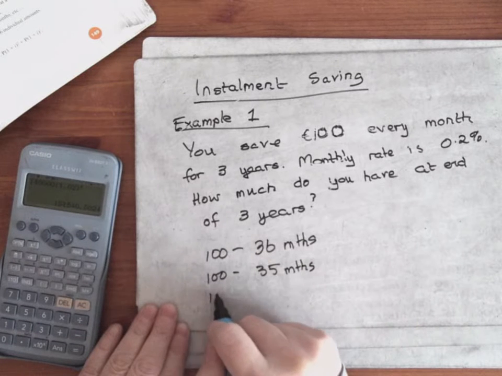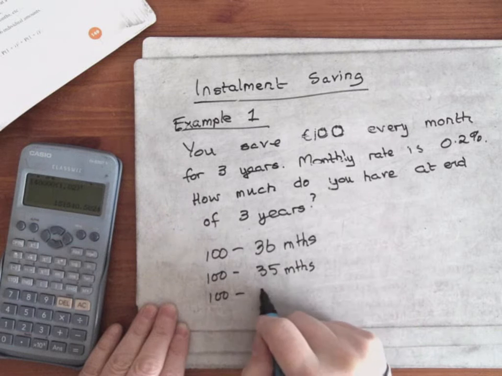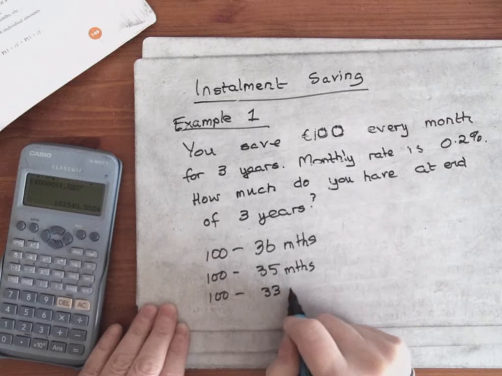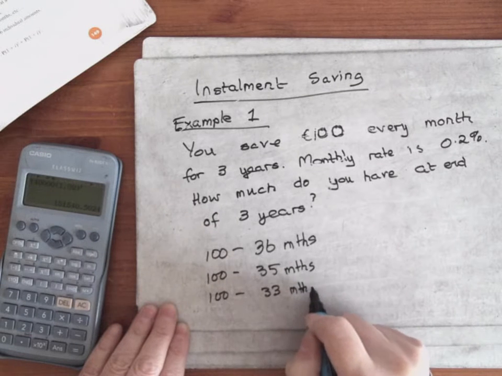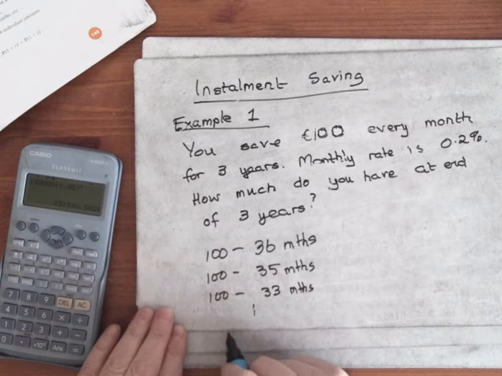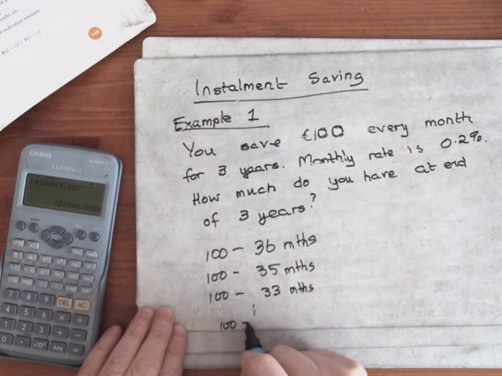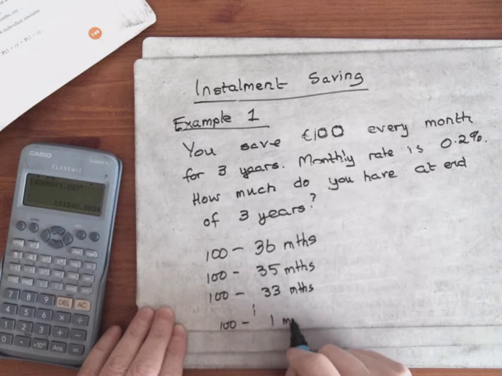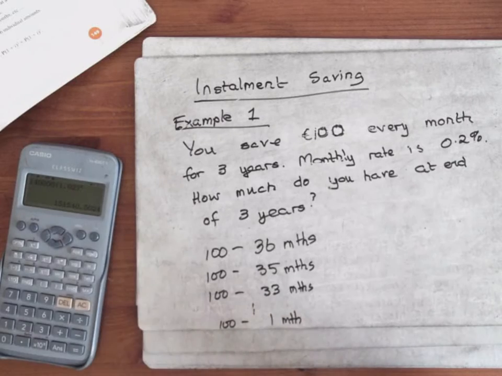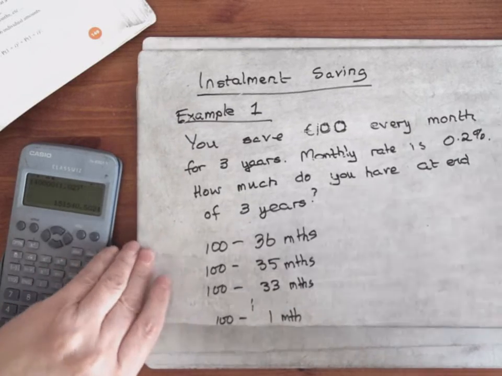The third €100 is only going to be in for 34 months. Agreed? Until you get to the last €100, and the last €100 you invest will only be in for 1 month. Would you agree with that statement?